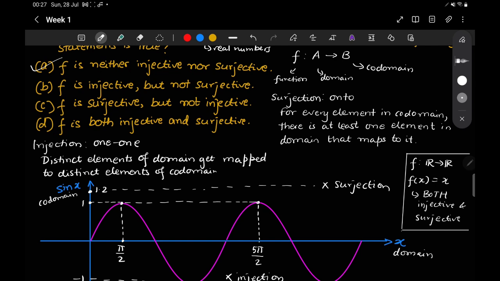So that's an example of both injective and surjective. Similarly, you can think and construct examples in which f is, let's say, injective but not surjective, or when f is surjective but not injective.